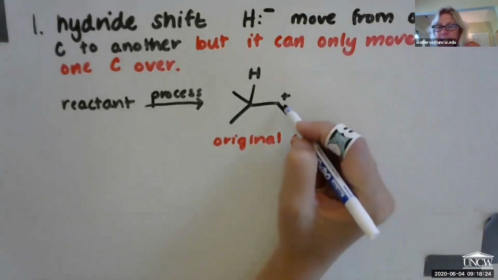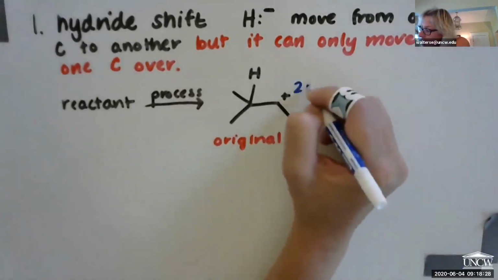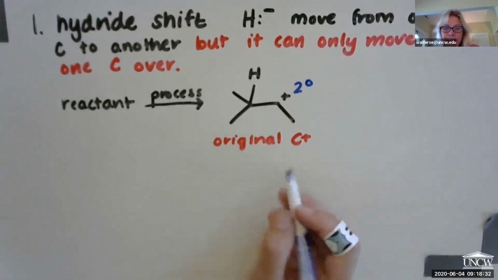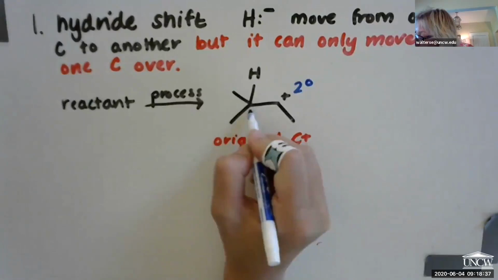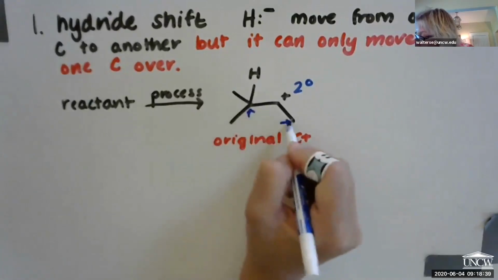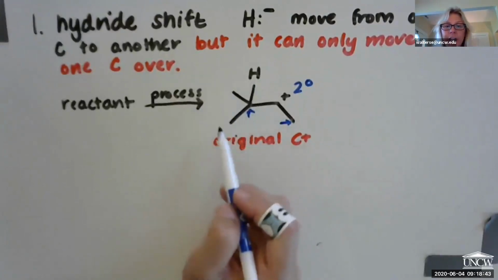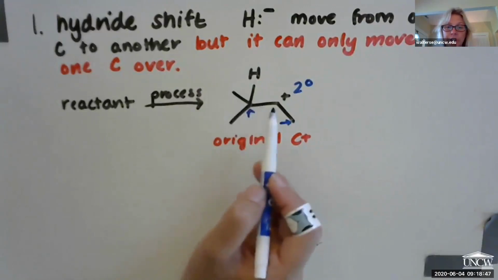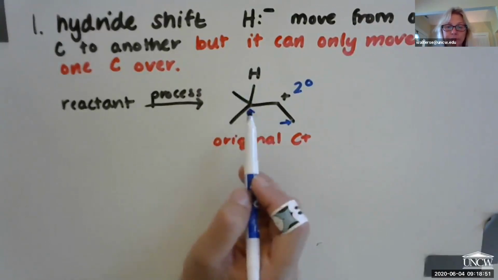So you would look at this carbocation originally formed and you would say this carbocation is secondary. There are only two next door neighbors, this one and this one. There's other carbons, a CH3 here and a CH3 here, but they're not next door neighbors. They're too far away. So it's only these two.